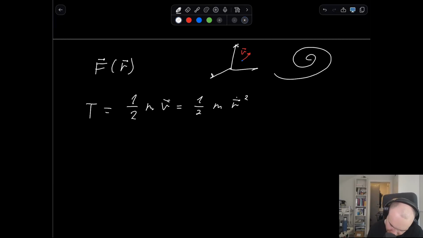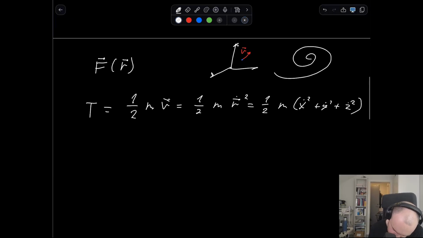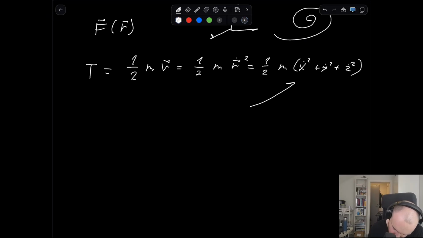So in the parametric form, we just use r dot notation because we have time. And this can be written as 1/2 m times x dot squared plus y dot squared plus z dot squared. Now you may ask, why not this whole thing squared?